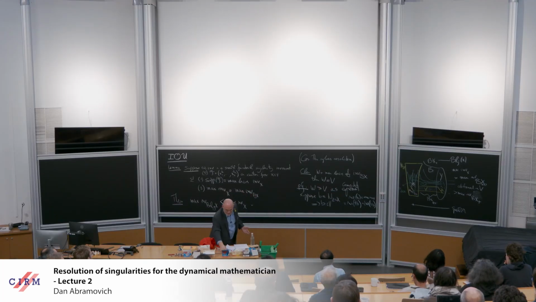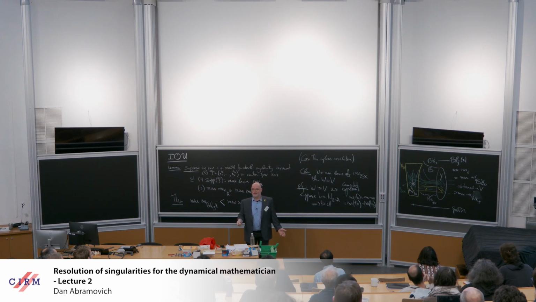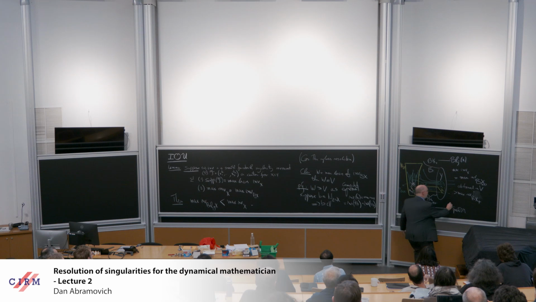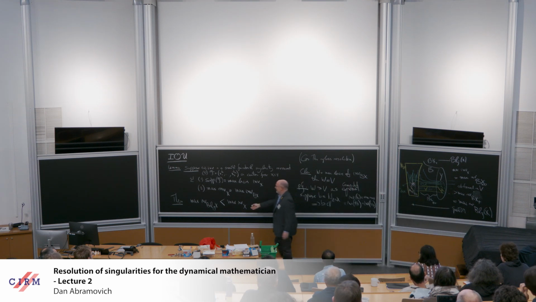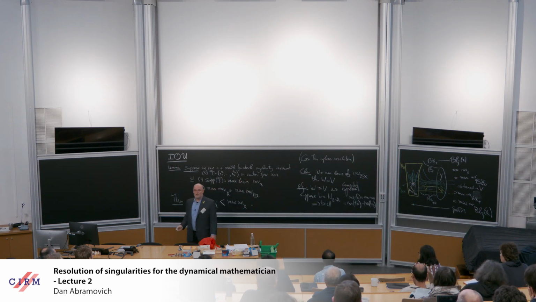It's a quotient by C star. So it's a smooth map. This means that this is equal to the maximal invariant of the blow up, which is what I wanted.